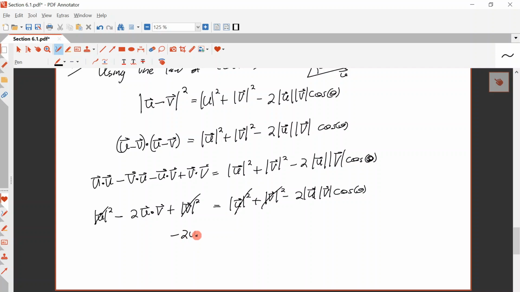So minus 2 u dot v is equal to minus 2 length u length v cosine theta. Now cancel, cancel, and divide. U dot v over length u length v is equal to cosine theta. And that's what we wanted.